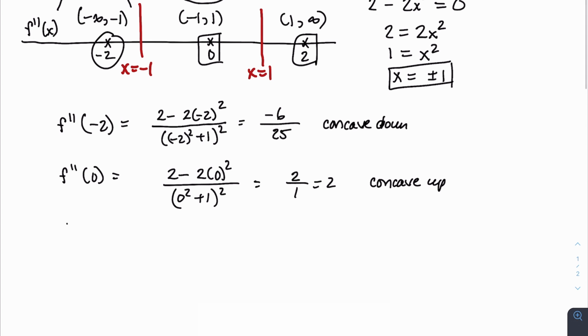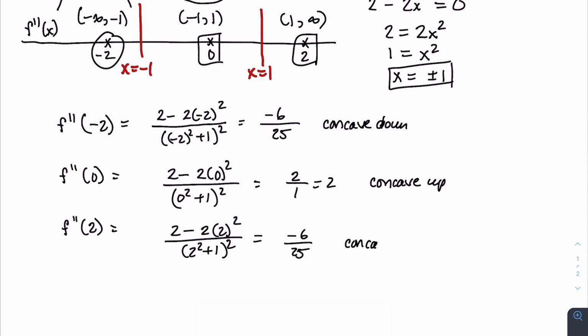And then plugging in 2, we have 2 minus 2 times 2 squared, all divided by 2 squared plus 1 squared. And it turns out that's the same as if we plugged in negative 2. That's still negative 6 over 25. So that result doesn't change. That means we are concave down.